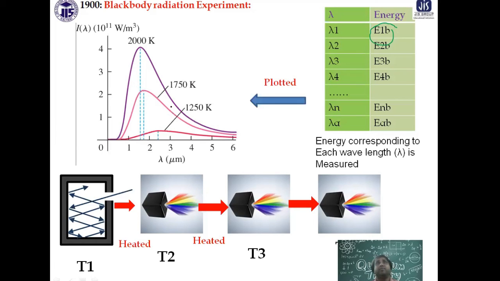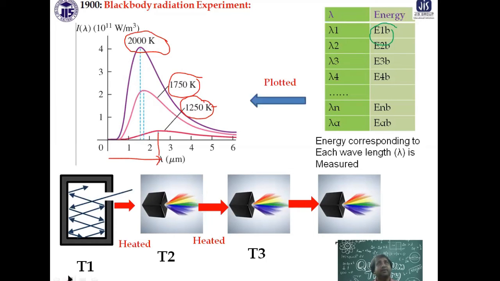Again, if you compare the graphs, as you move from 1250 to 1750 to 2000 degree Kelvin, you notice that as the temperature goes up, you get more energy. And also another important issue: according to my description, 1250 degree Kelvin is the lowest of the temperatures, this is intermediate, and this is the highest of the three. At the lowest temperature, this was the value of your lambda maxima.